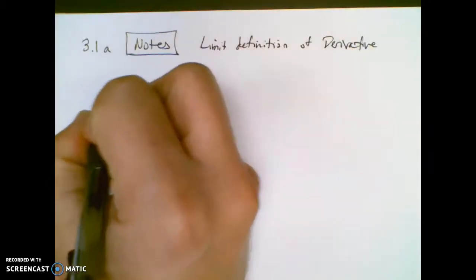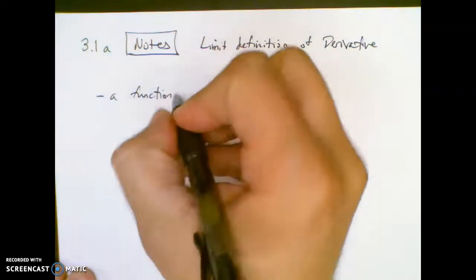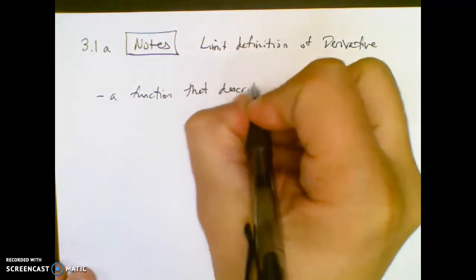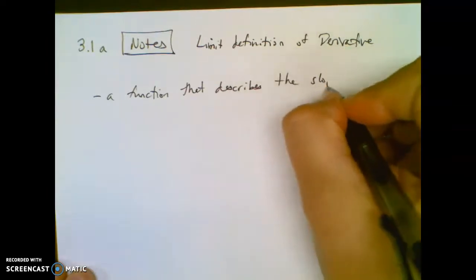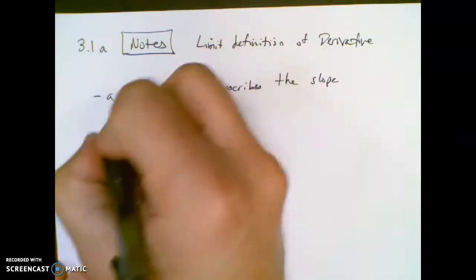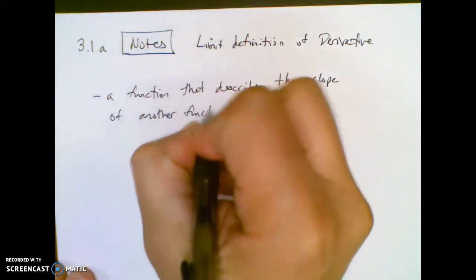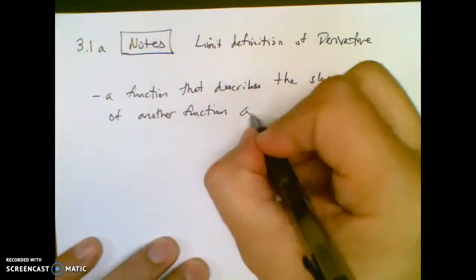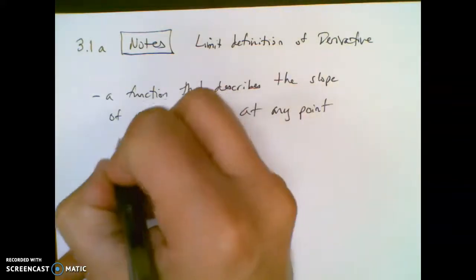So, a function that describes the slope of another function at any point is called a derivative.